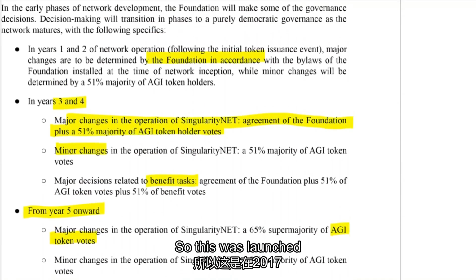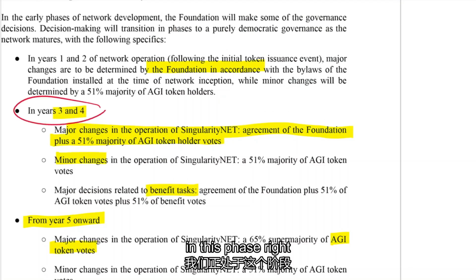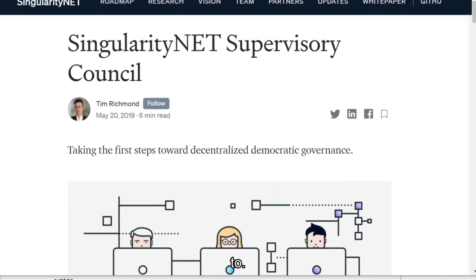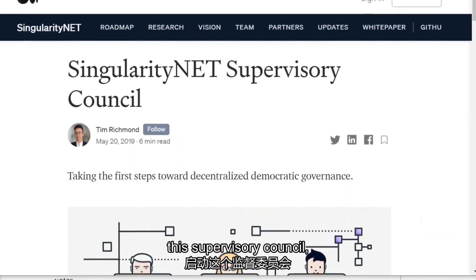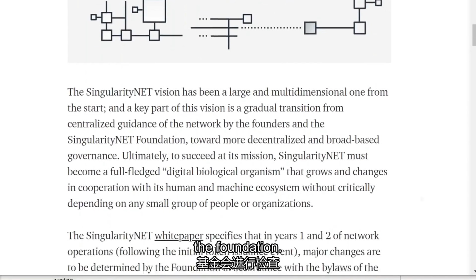So this was launched at the end of 2017. So technically, we are in this phase right here. And I have searched for an announcement that we're going to transition from this mode to this mode, but I haven't found it on their blog. Instead, what I found are announcements that they're going to launch this supervisory council, which are elected members that check the foundation.